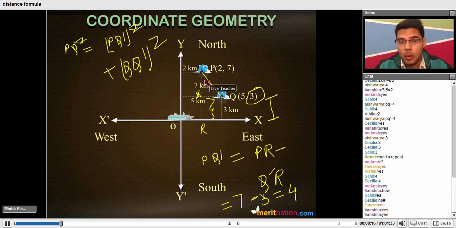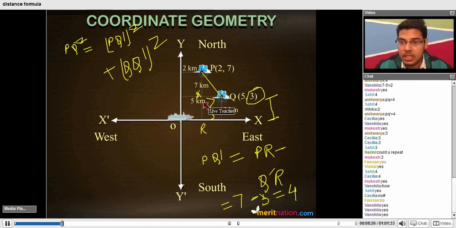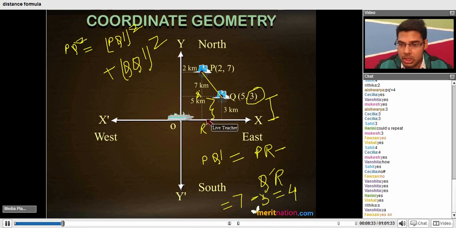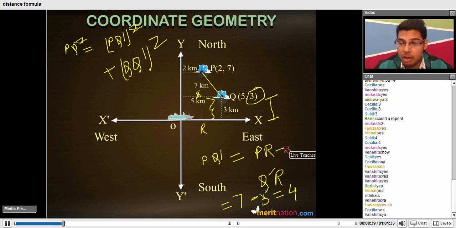So now what is PQ dash? PQ dash is nothing but this total distance PR minus this distance Q dash R. Can you make this out from the figure? We have PQ dash equals this total distance minus Q dash R. Right? So just putting in the values, PQ dash equals PR minus Q dash R.